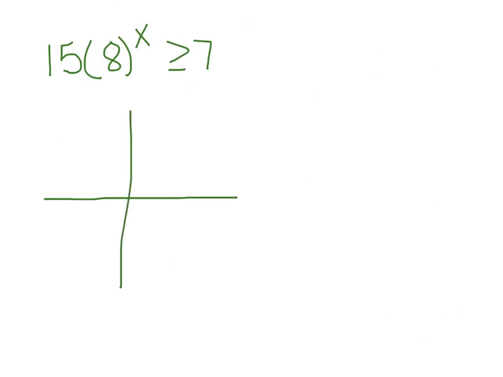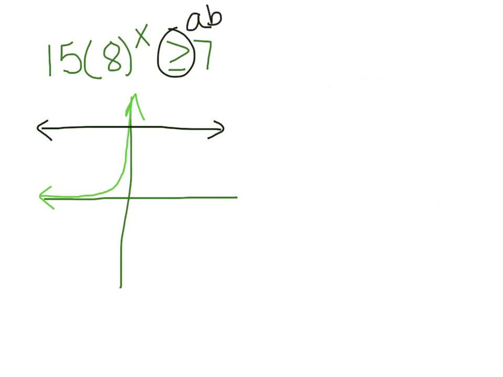But I'll put 15 times 8 to the x. That's going to be this graph right here. And then 7 would be this one right here. And then we're looking for greater than, so where is the curve above the line? And that would be all of these values and then going on forever, so that corresponds to an x value starting over here somewhere, going on forever that way.